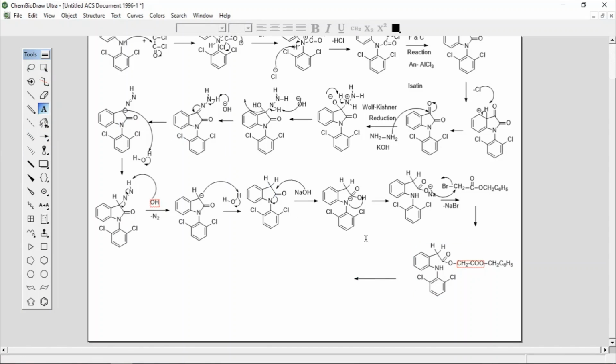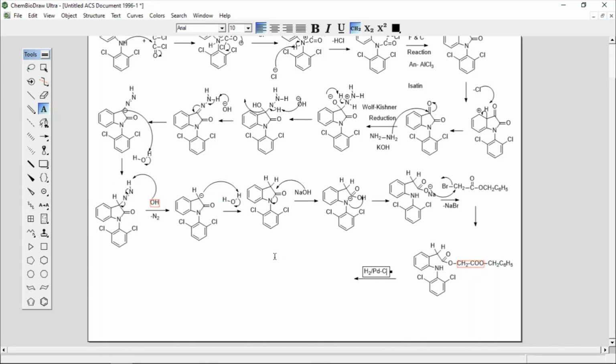In the last step, this product will react with your reagent. The role of this reagent is the breaking of the carbon oxygen bond.